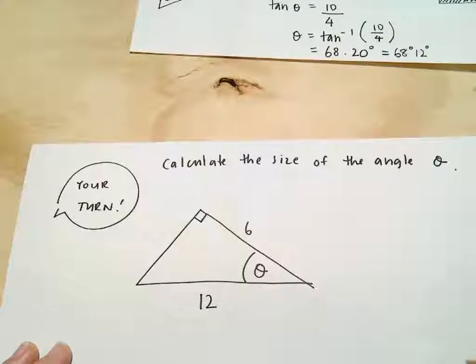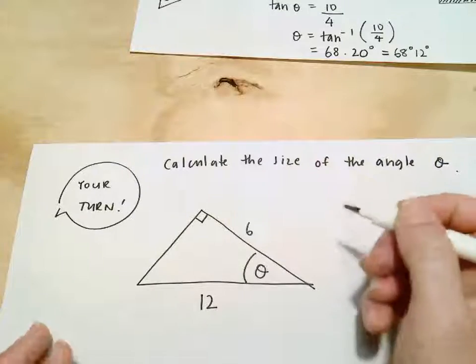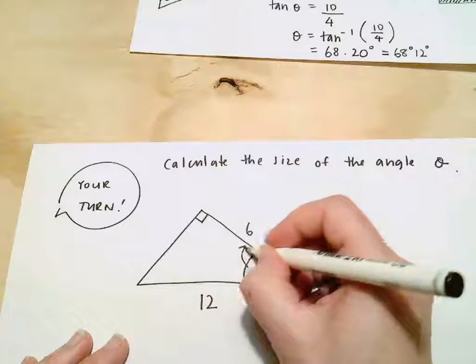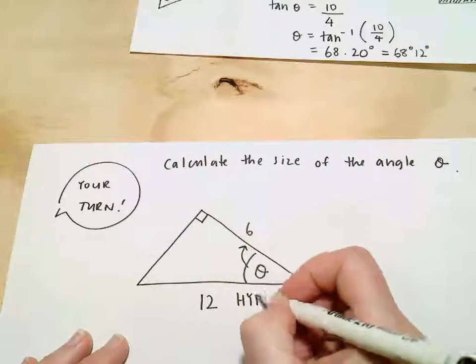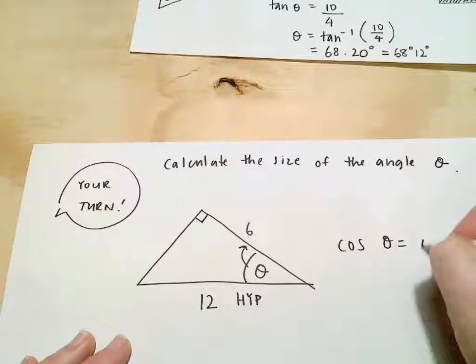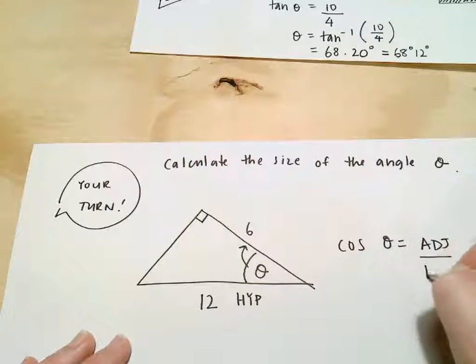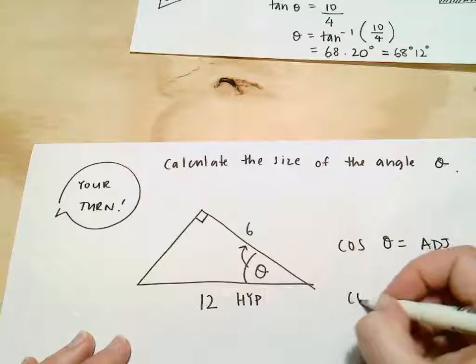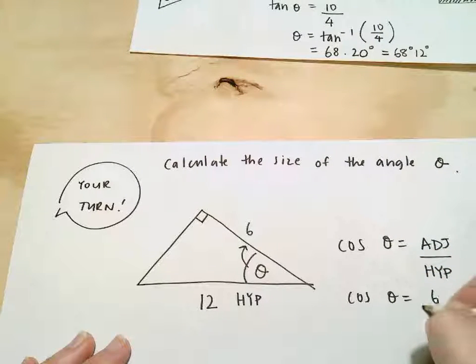Alright, hopefully you've had a go. I'm just going to go through this very quickly. Here's my adjacent side, here's my hypotenuse. Adjacent and hypotenuse means I'm going to use cos theta equals adjacent over hypotenuse. Cos theta then, adjacent was 6, hypotenuse was 12.